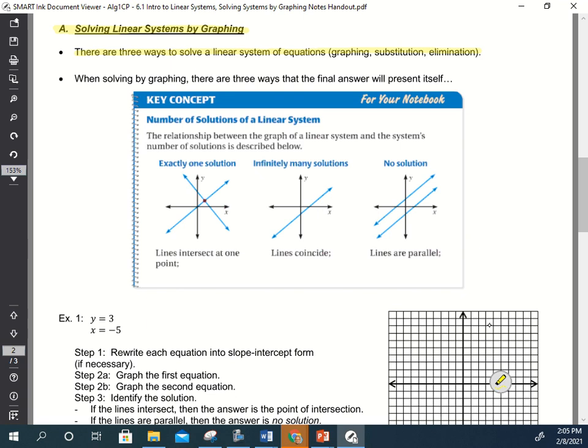So we're going to first start with graphing. When you are graphing, there are three ways the final answer will present itself, and it uses this little diagram that's right here.